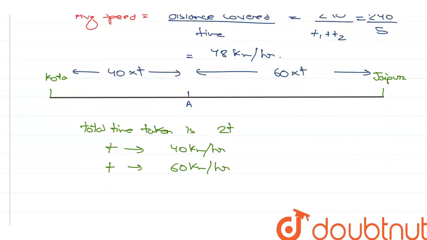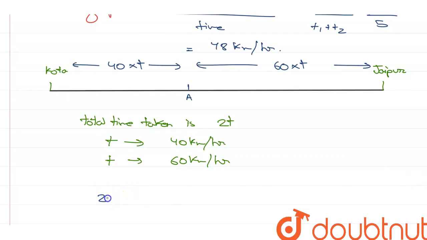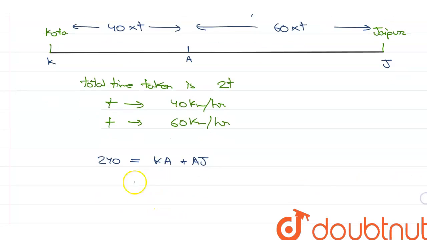Now the total distance, we know the total distance is 240 kilometers. So this was point K, this was point J. So the distance KA plus AJ should be equal to 240 kilometers, and KA is equal to 40t plus AJ is equal to 60t.